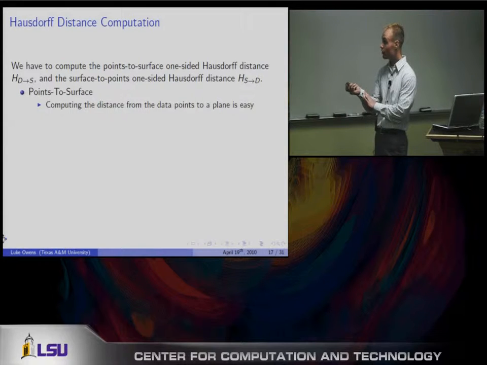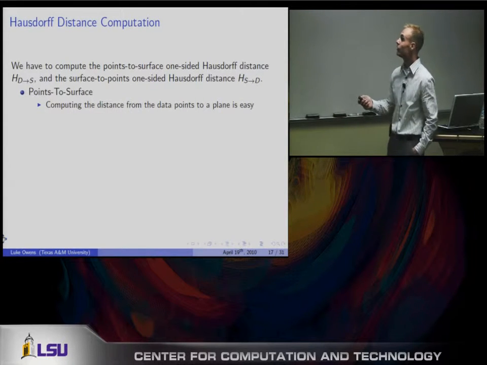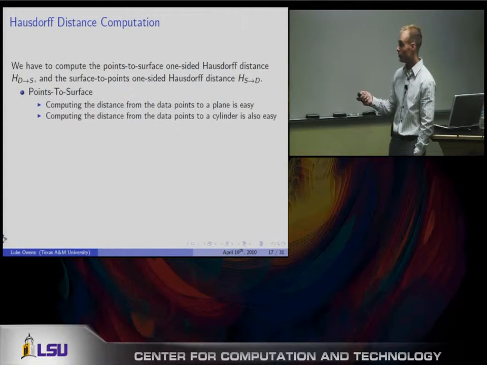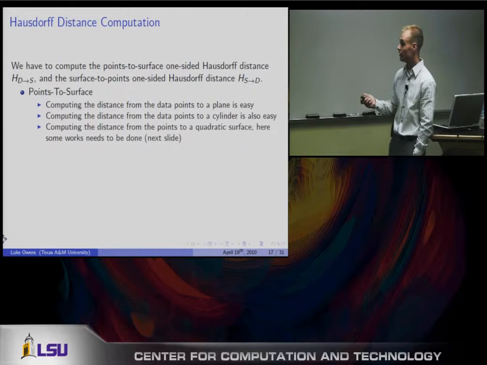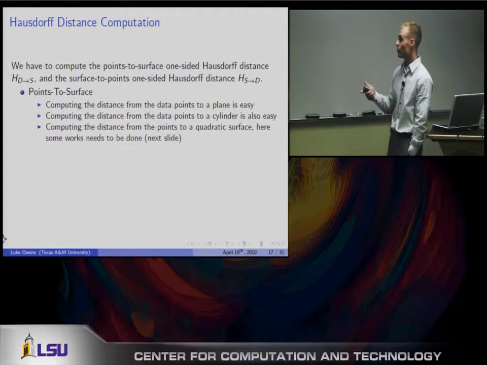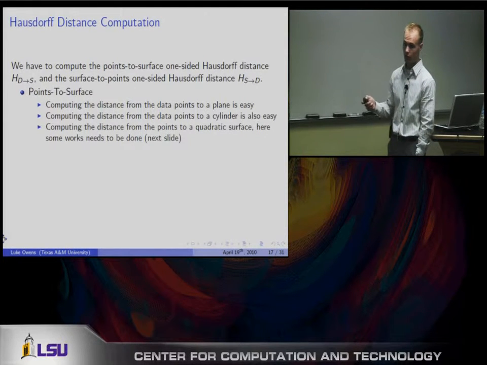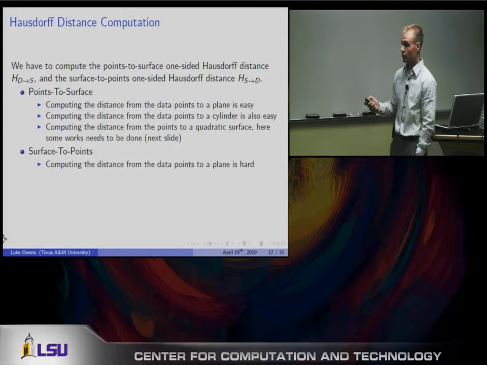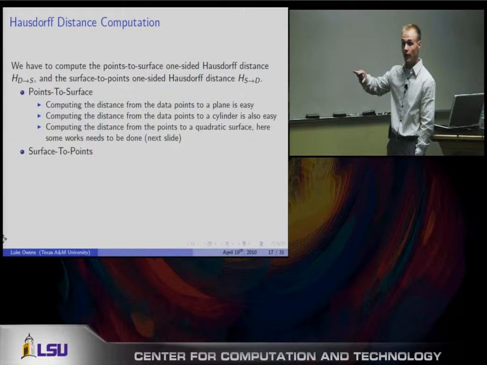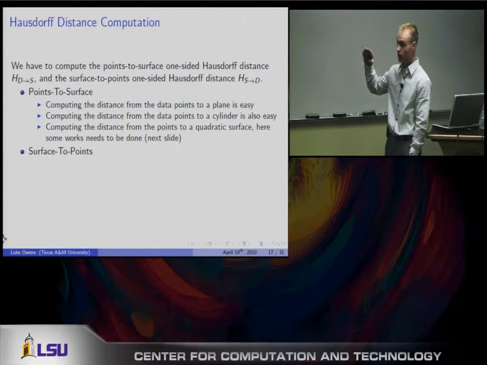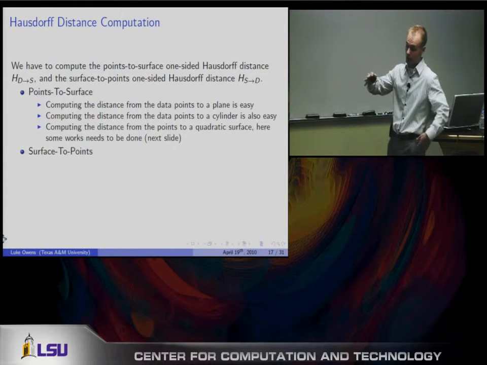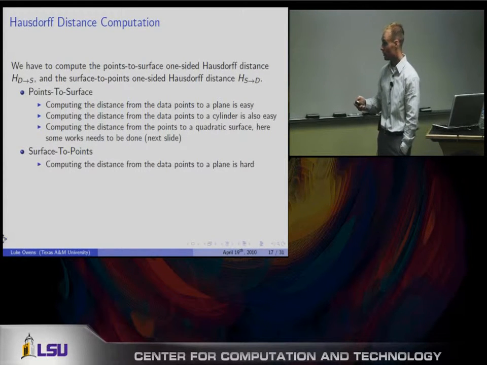So points to surface: computing distance from points to a plane is easy. Points to a cylinder is also easy. But points to a quadratic surface, we need to do a little work here. I'll show our idea on the next slide. Surface to points: if we have a plane, how do we compute the distance from all points on the plane within the cube to our set of data points?